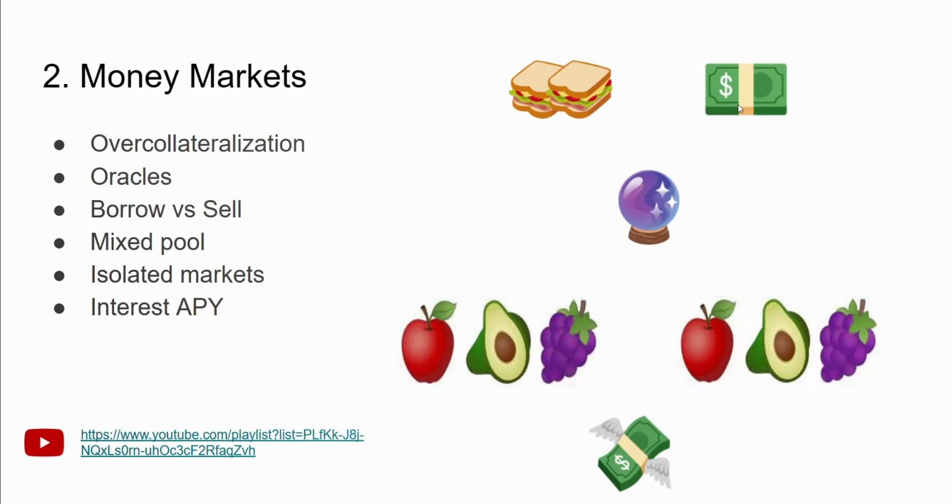It could be like Ethereum. You could use sandwiches to borrow oranges, right? And it needs to be able to compare the prices of these two assets so that it knows that you're still over-collateralized. So if the value of sandwiches goes down below the value of the assets you've borrowed, then you will be liquidated.